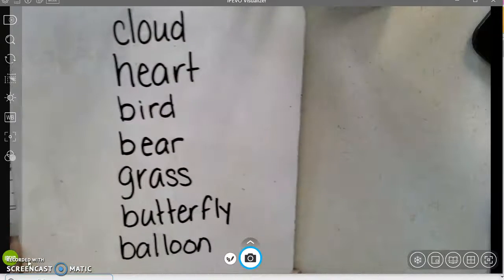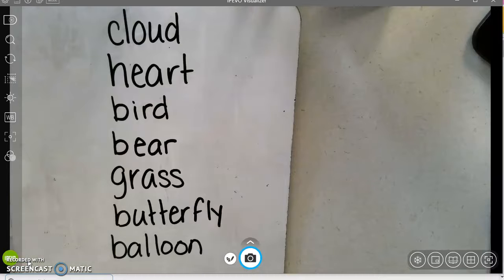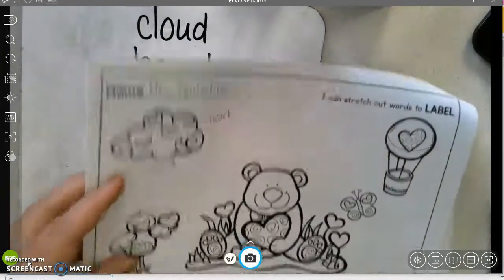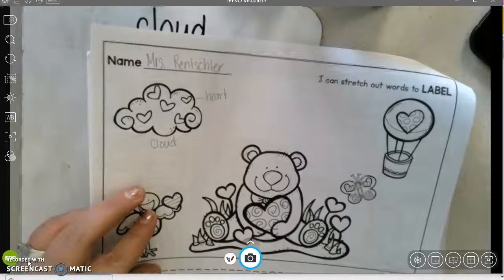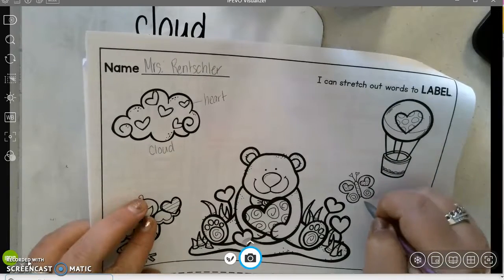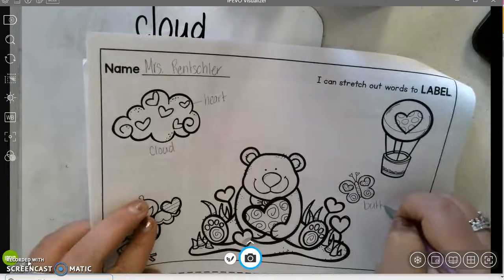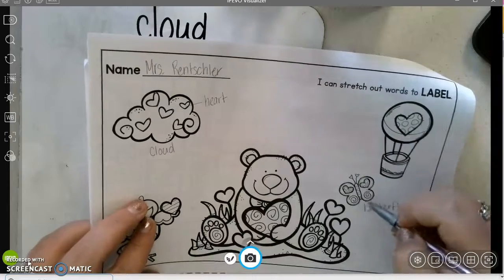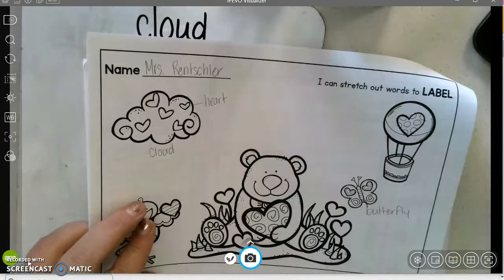So I'm going to scoot this over so you can see all of the words. Now what I'd like you to do is to pause the video so that way you can see all of these words. And then I want you to go through your picture and say, oh, here's the butterfly. So I'm going to choose, do I just want to write the word next to butterfly, the object, or do I want to draw a line to it?